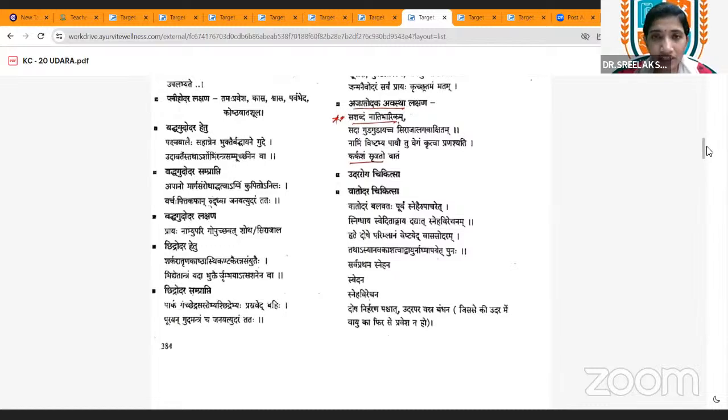And Udara Veshtana is indicated in Vataja Udara. So in which type of Udara is Veshtana indicated? Vataja Udara. While studying Prasuti Tantra, we studied that in Prasutija, or Prasuti Chedya, Udara Veshtana is indicated.